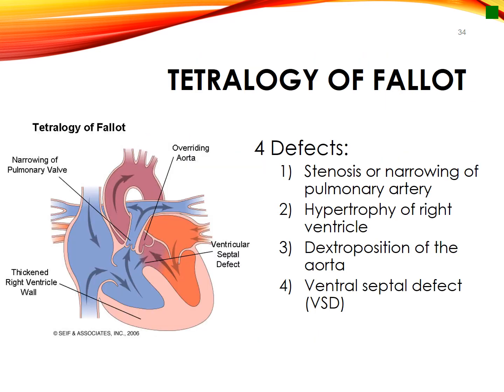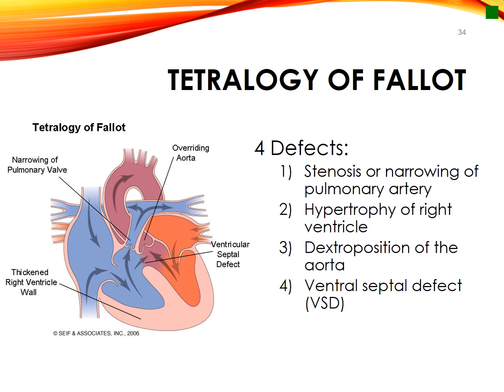So, Tetralogy of Fallot. This one's probably the worst of them. There are 4 different defects going on. First you have the stenosis, or the narrowing of the pulmonary artery. You have the hypertrophy, so the overgrowth of the right ventricle. And you have the dextroposition of the aorta, which means moved to the right, so it's in the wrong place.